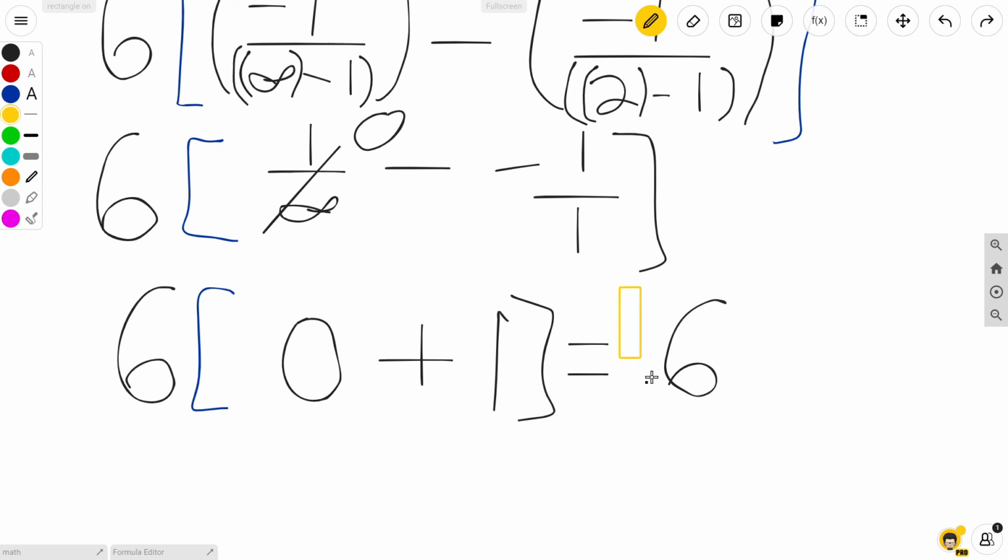That's what our L turns out to be. So our L is simply equal to 6.